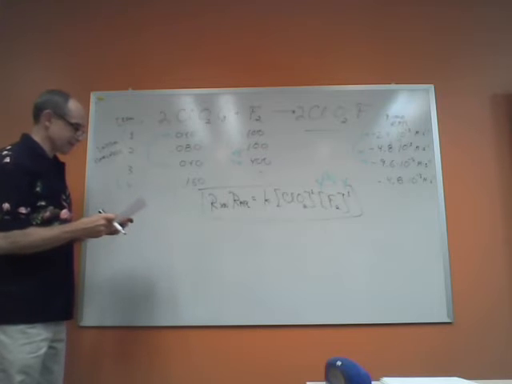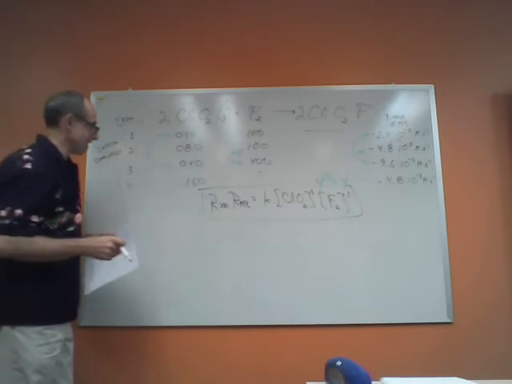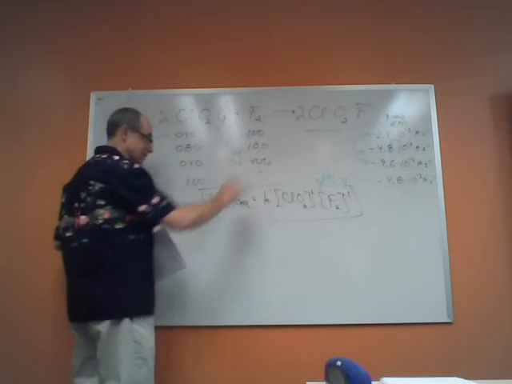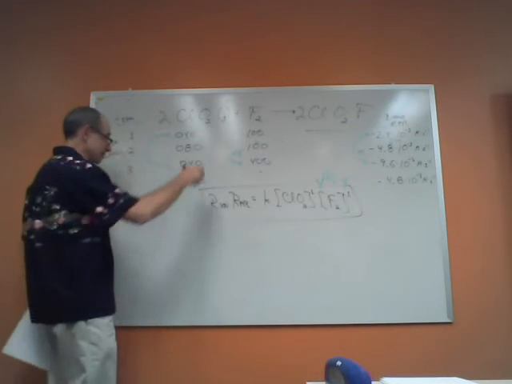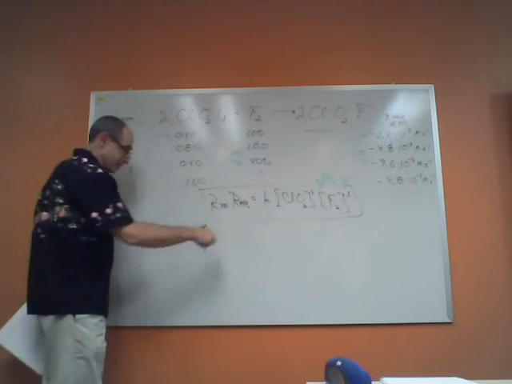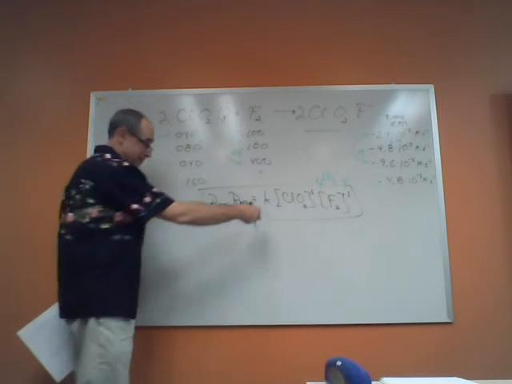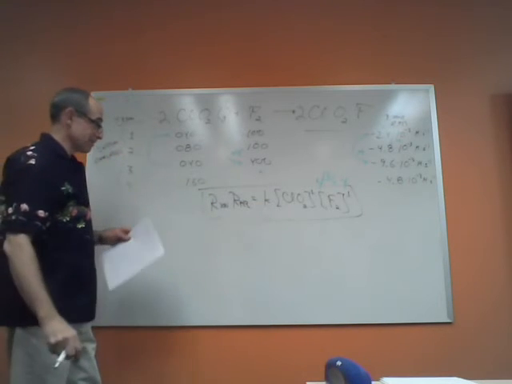Once you have this as the rate law, you can find the value of the rate constant K, and here we actually do have some data. So you should be able to use data from any one of these 3 trials to plug into this rate law, and you should get the same value of K, at least if you've done the math correctly.